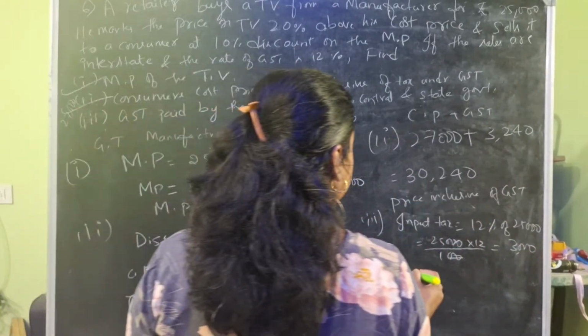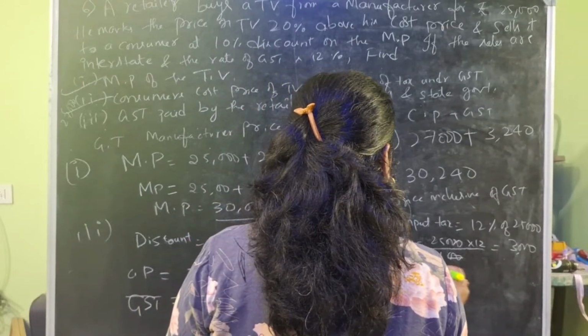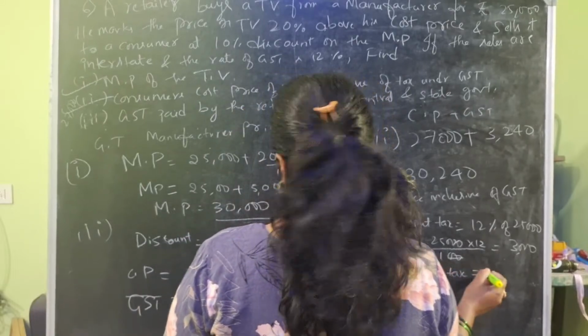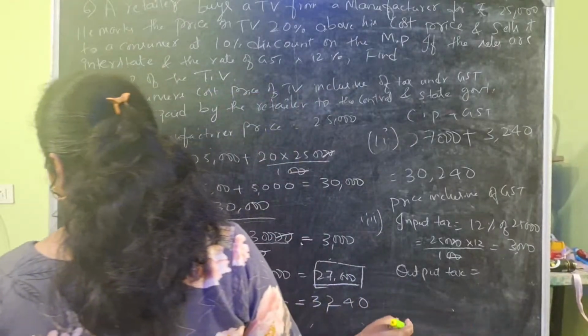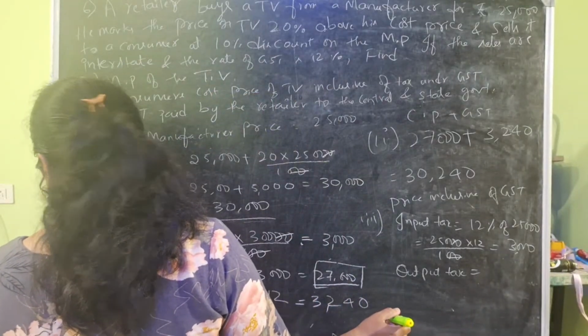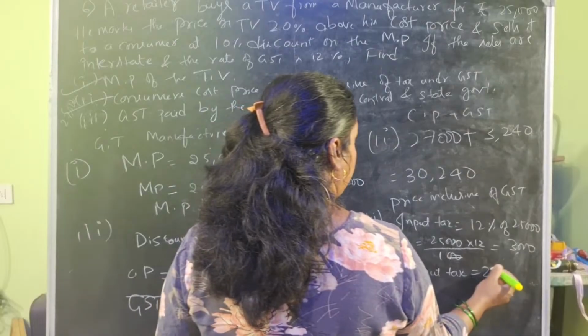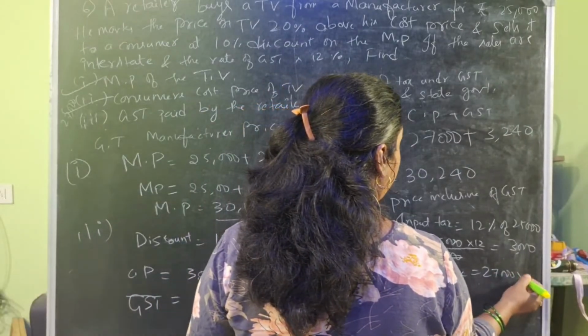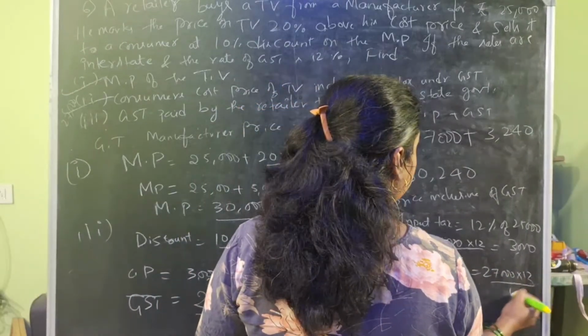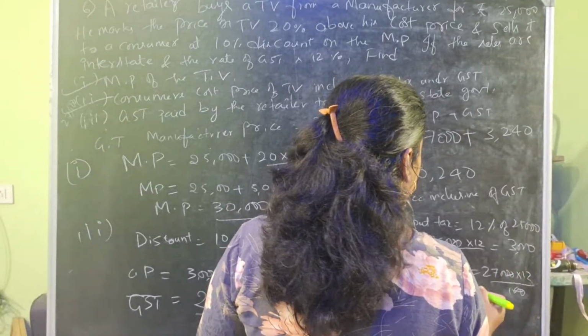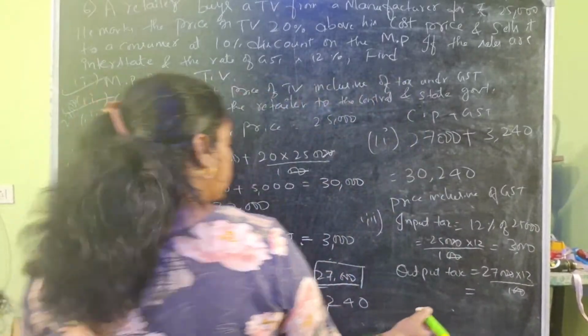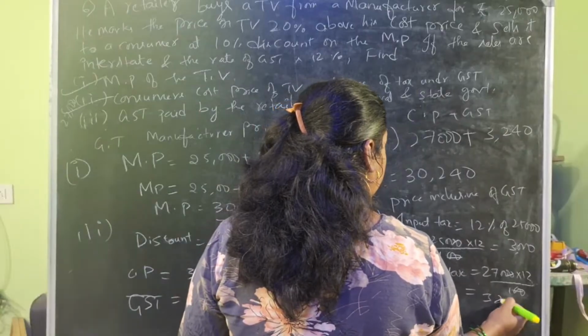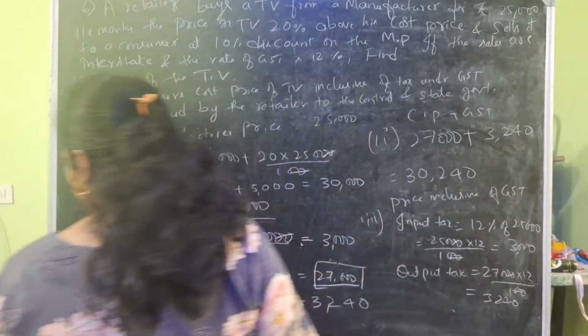And the output tax is equal to 12% of 27,000, which is equal to rupees 3,240.